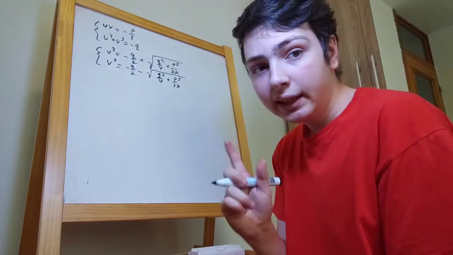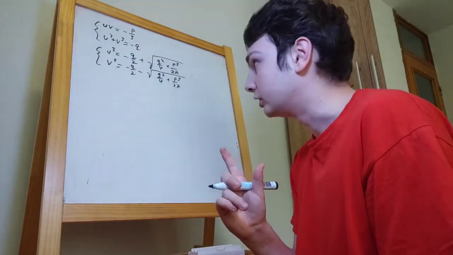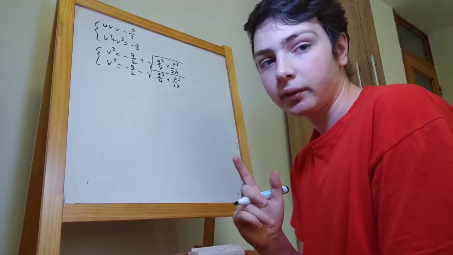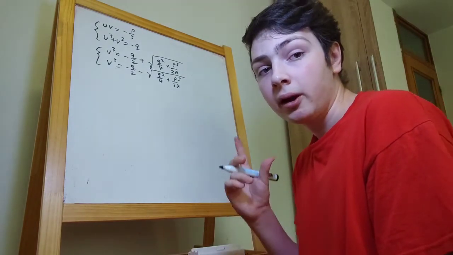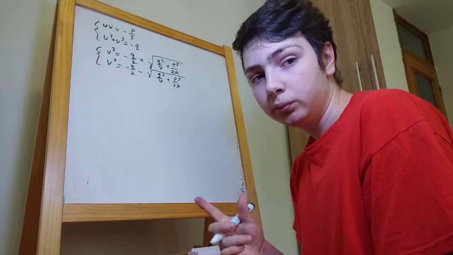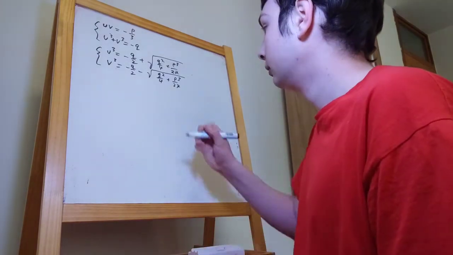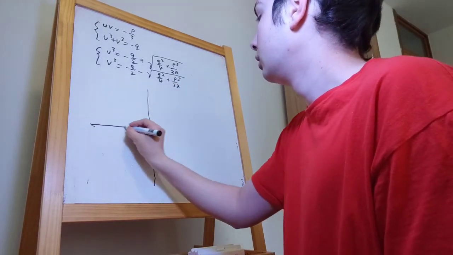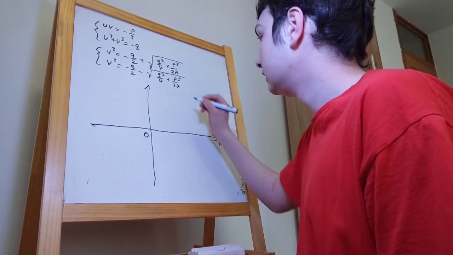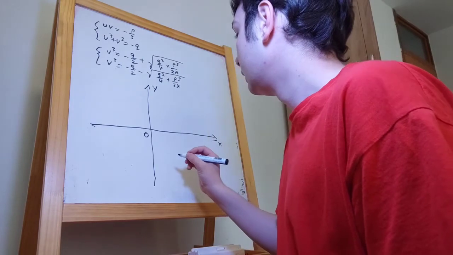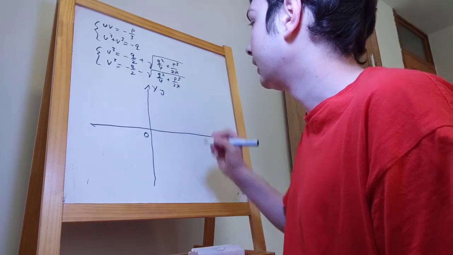Now, we could take the cube root and get our u and v, but we have to be careful because, first of all, whatever number you take a cube root from, there will always be 3 cube roots you could choose from. Let me show you. So, if you have your complex plane, this is 0, this is x, this is y, and of course this is the real axis and this is the imaginary axis.